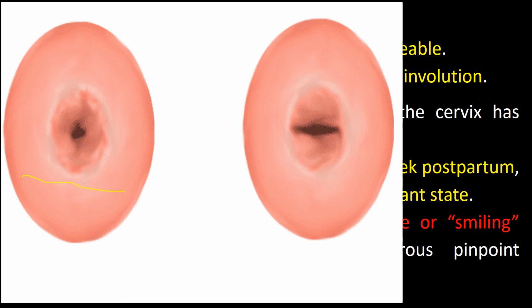But after the delivery and during postpartum period, since the cervix has already opened to 10 centimeters, pag bumalik siya, it will already have a smiling appearance. So those are the things that you have to consider when assessing the cervix of the mother. It will not return to its normal size. It will have a smiling appearance rather than the appearance of the nulliparous cervix.